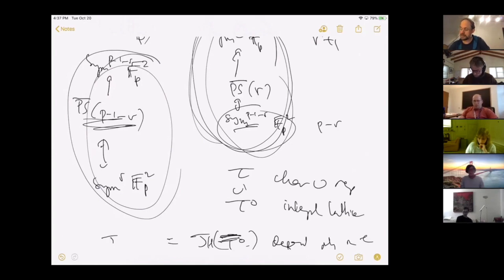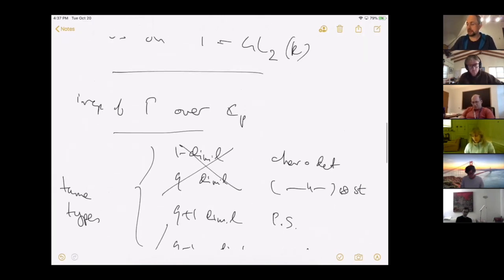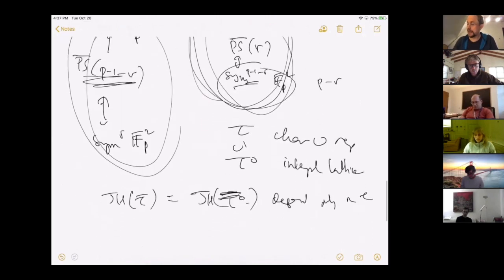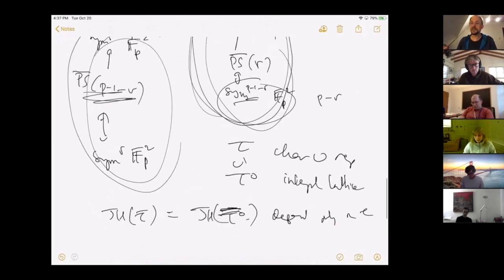So that's an easy Jordan-Hölder composition series type theorem. So we could call them just the Jordan-Hölder factors of tau bar. So tau bar is not really well defined. To reduce this characteristic zero thing mod P, you have to choose a lattice. So tau bar doesn't really make sense, but its Jordan-Hölder factors make sense as a multiset. And if, for example, there was a single Jordan-Hölder factor, if tau bar was irreducible, which is what's happening in the cases I crossed out, then in fact the lattice is unique.